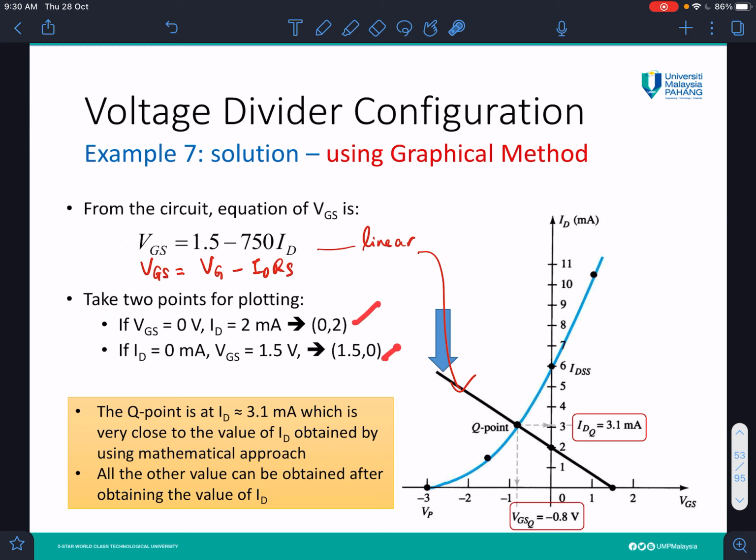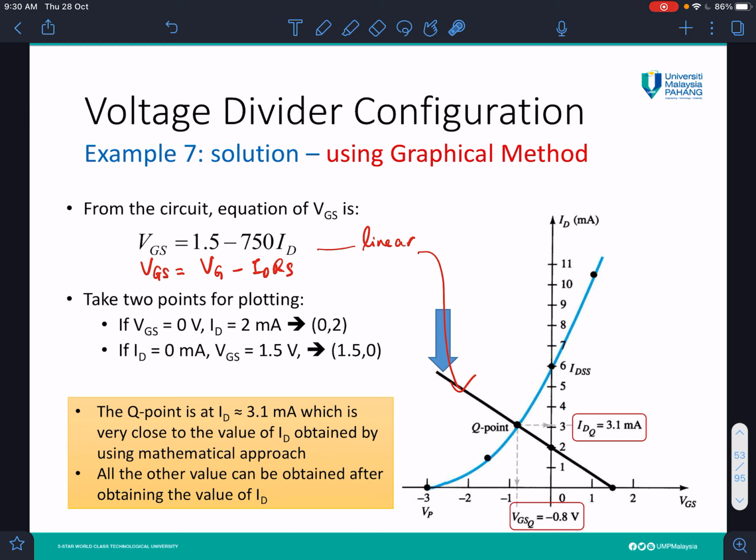After you get these 2 points, you plot them on the graph. Sorry, the second point is 1.5 and 0, and the other one is 0 and 2. Then you make a straight line from here, and you get this line.